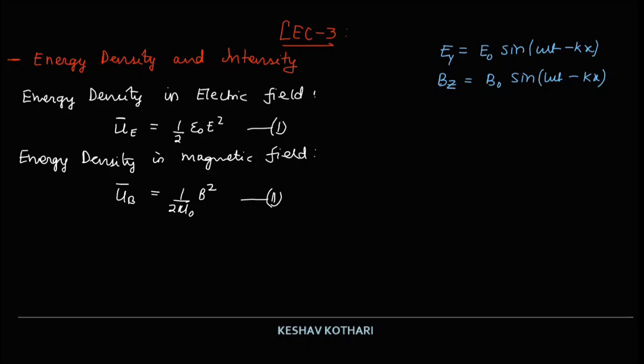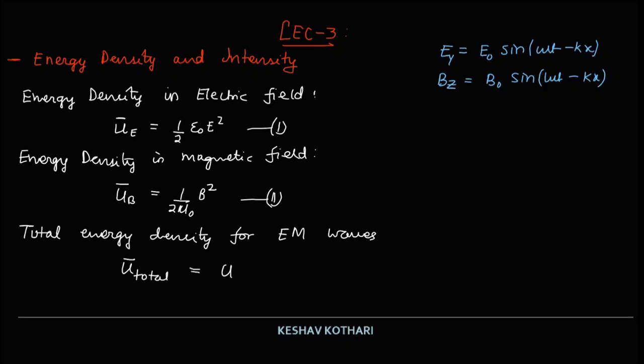So if I write the total energy density for EM waves, then the total energy density is equal to the sum of the electric field energy density and magnetic field energy density.